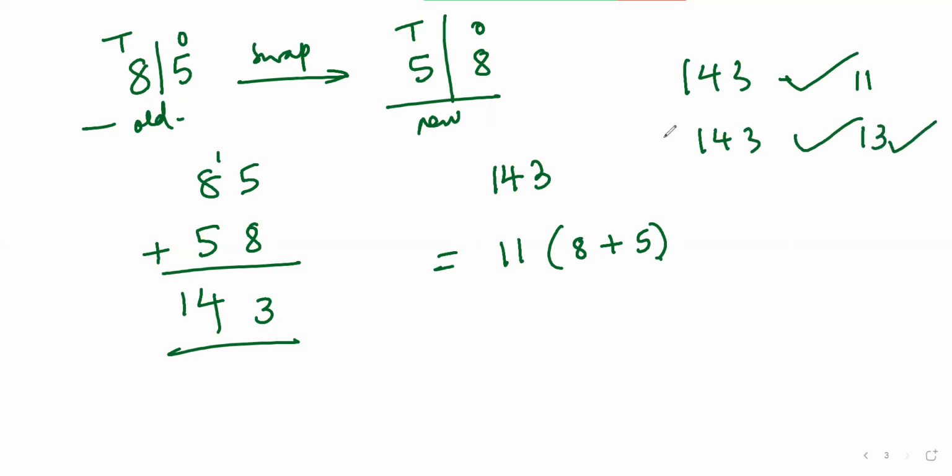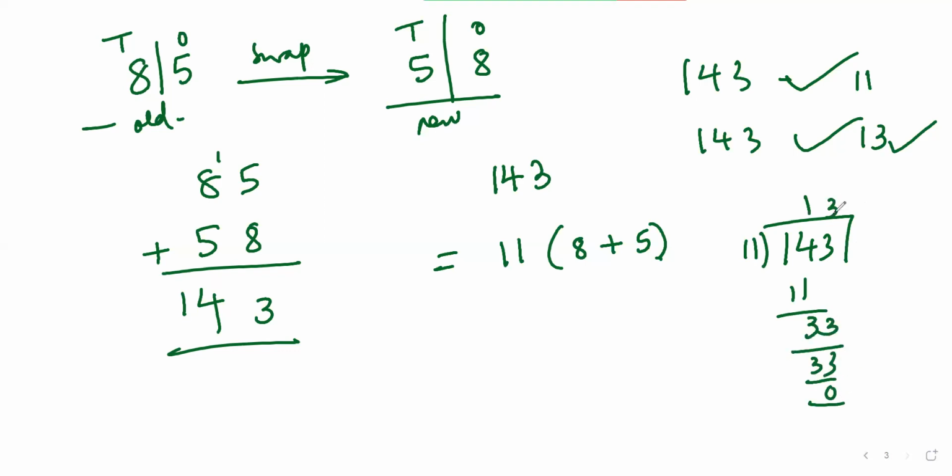Sum of the digits, 8 and 5. Okay. So this is about the sum of the digits. So 143 will go by 11, because if you do 11 13s, we get 143. So it's pretty simple.